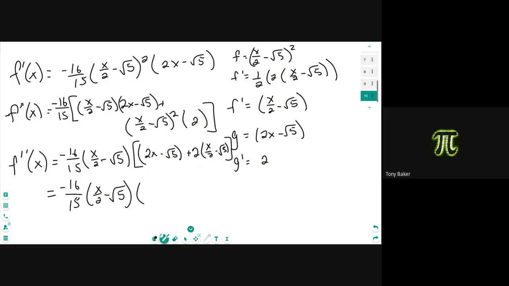So 2x plus x is 3x. Negative square root of 5 plus negative 2, negative 3 square root of 5.